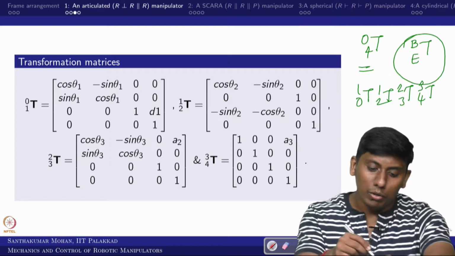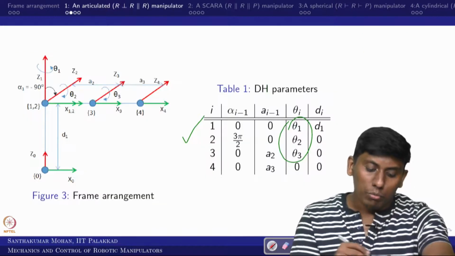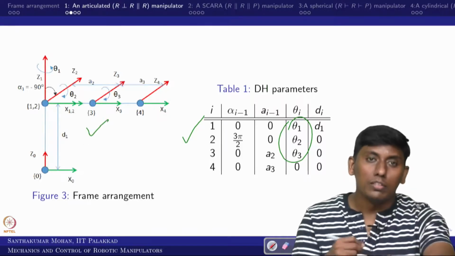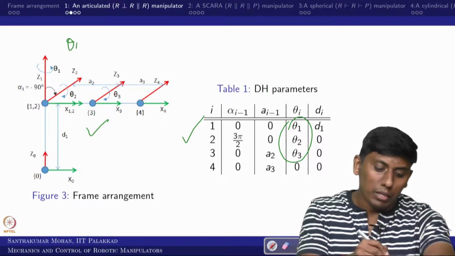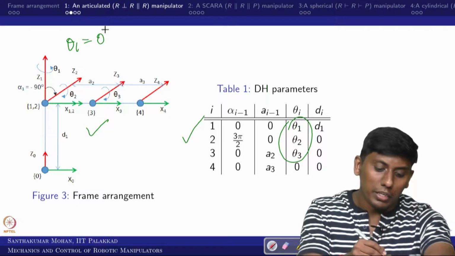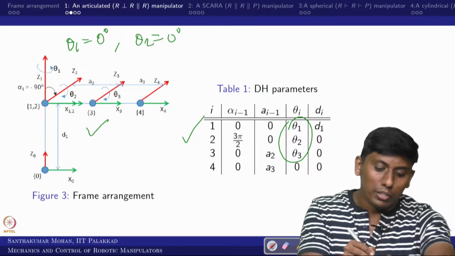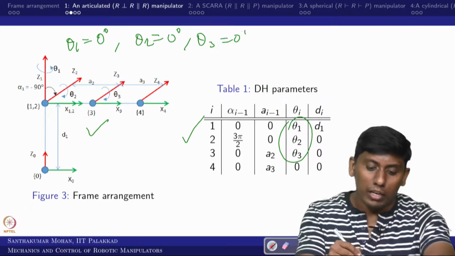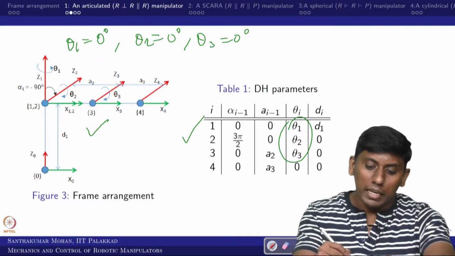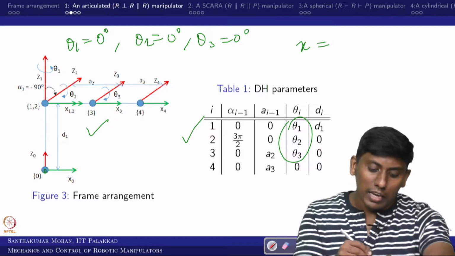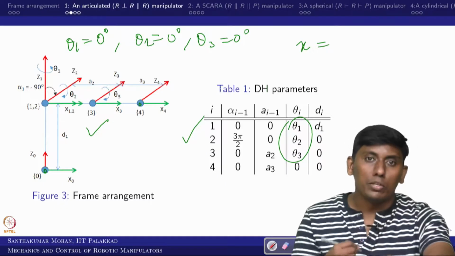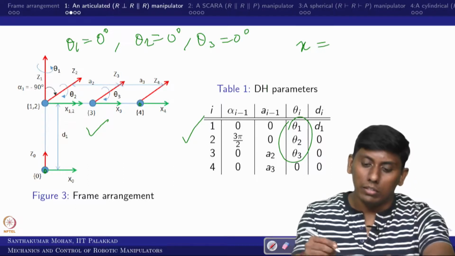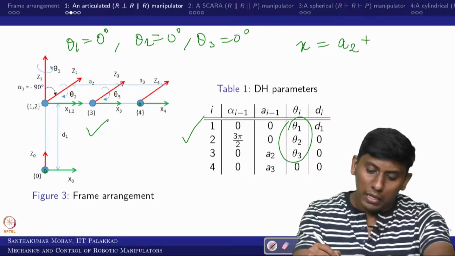There is a procedure which we used to follow as a student or as a researcher. You can recall the frame arrangement. We have arranged everything in this form. If you assume this is the home position, what would be theta 1? We have obtained theta 1 is 0 degree, theta 2 is 0 degree and theta 3 is 0 degree. What would be the x position of 4 with respect to 0? x4 is parallel to this, so a2 plus a3.